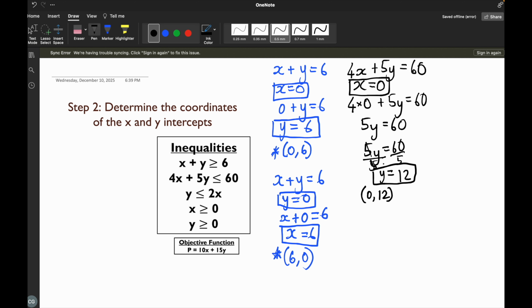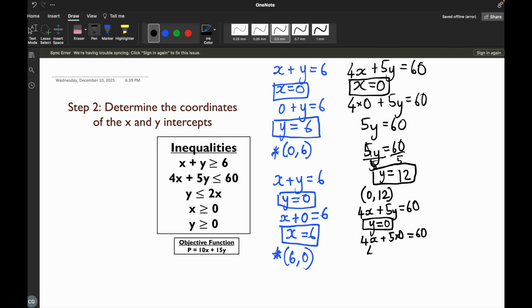Now I need to find it for when y is equal to 0. So for the same equation, 4x plus 5y equals 60, this time I have to look for when y is equal to 0. So we'll have 4x plus 5 times 0 equals 60.